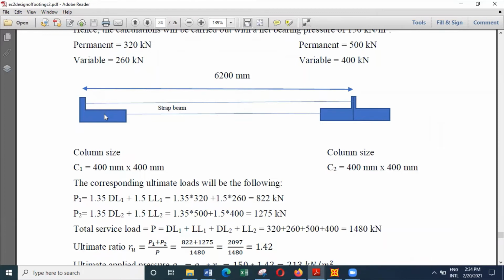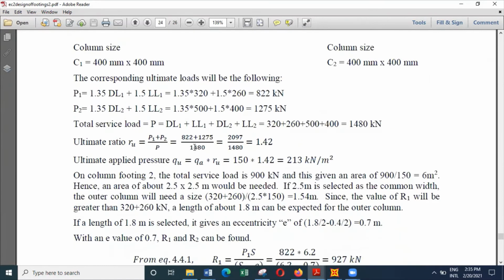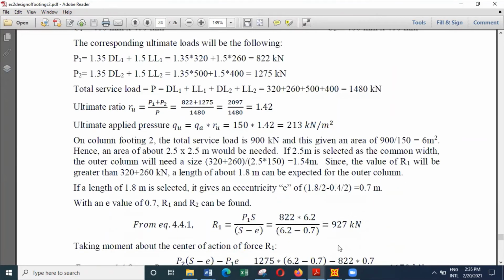And we have to make sure it's not excessive. So now you know the value of R1, which represents the soil pressure, is 927. 927 divided by 150 divided by 2.5, and we'll get a value of 2.47 meters.